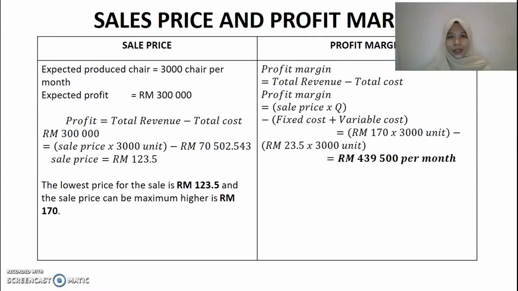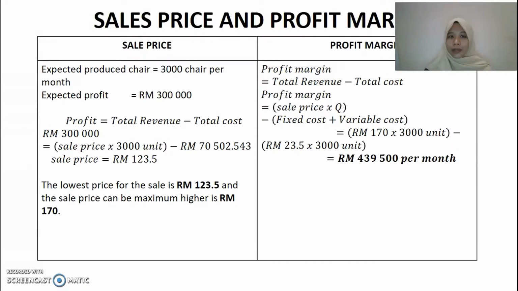So today I would like to discuss the sale price and the profit margin of our project. First, I would like to talk about the sale price. As you can see in the table, the expected produced chairs is 3,000 chairs per month. The expected profit from this sale is RM300,000. The formula to calculate the profit is total revenue minus total cost.